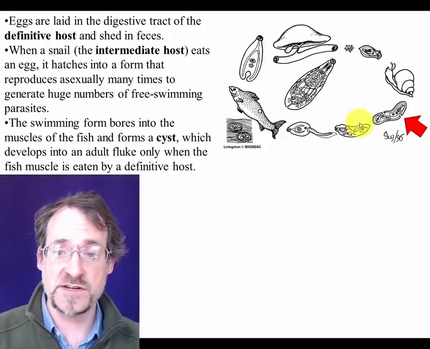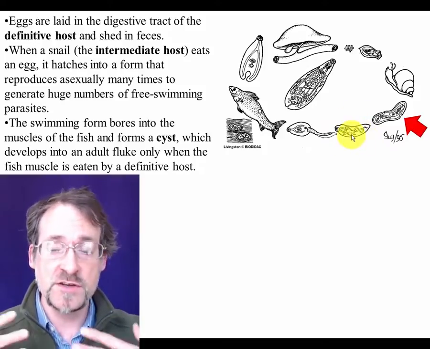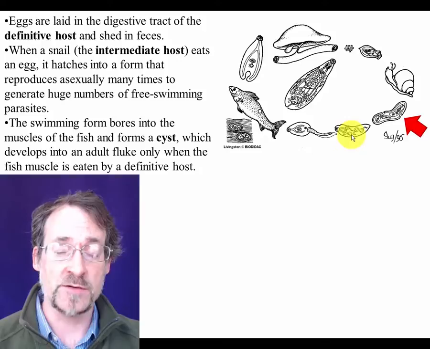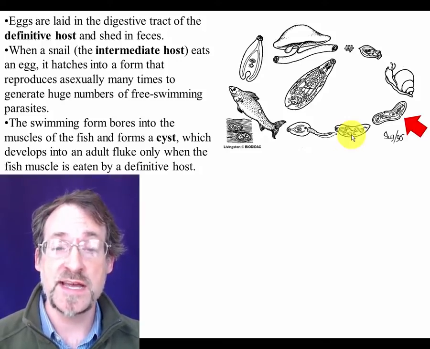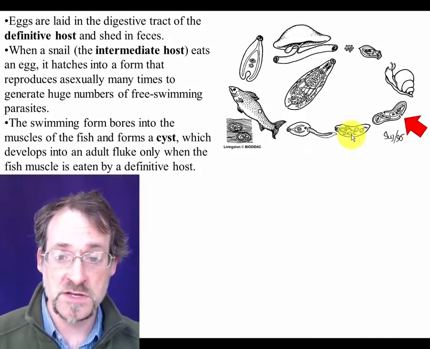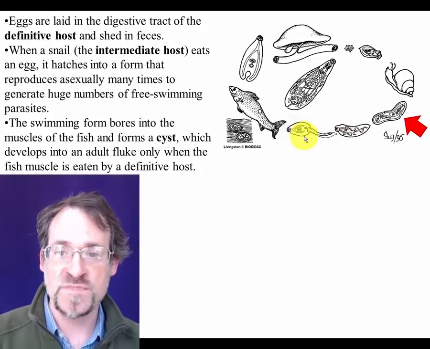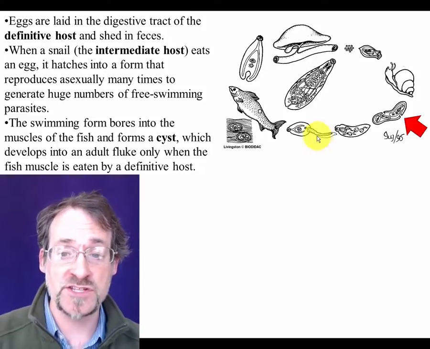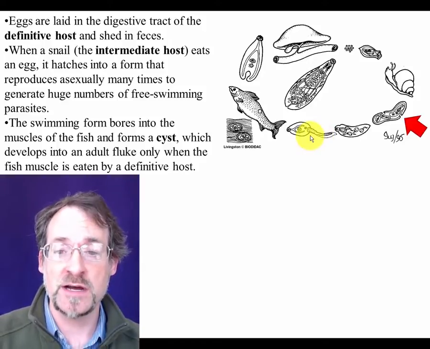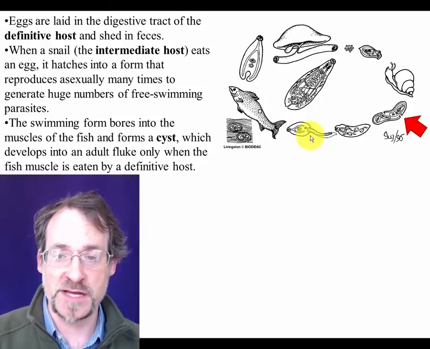Each one of those metacercariae goes out and feeds from the snail that it's found in, and it forms within itself many, many, many asexually produced forms called cercariae. The cercariae are a free-swimming form. They are actually mobile. They can get around outside of the snail's body.